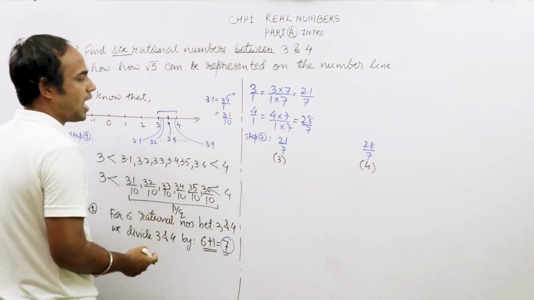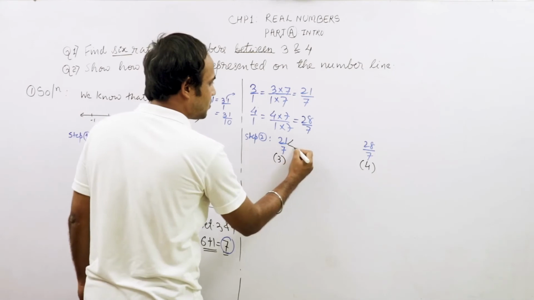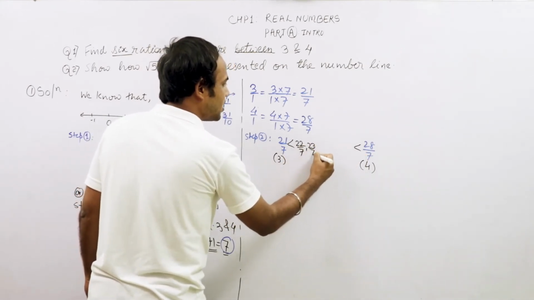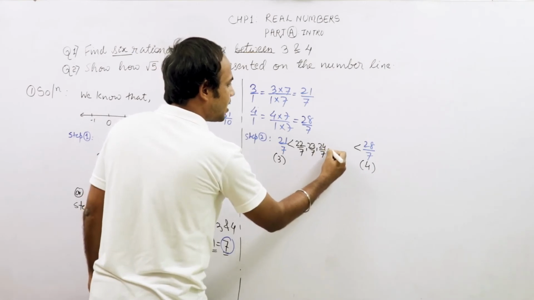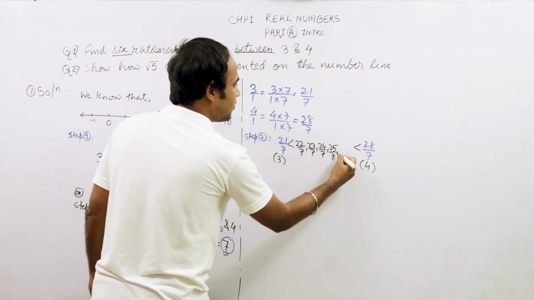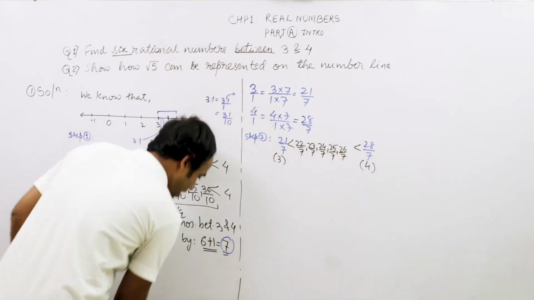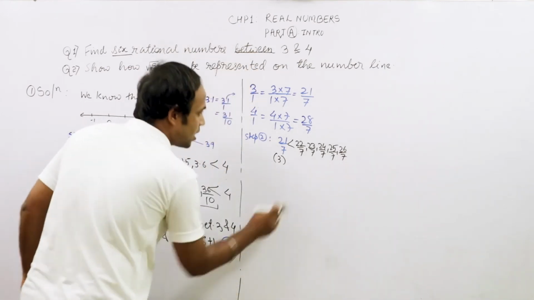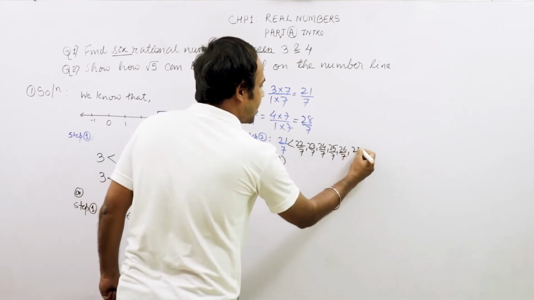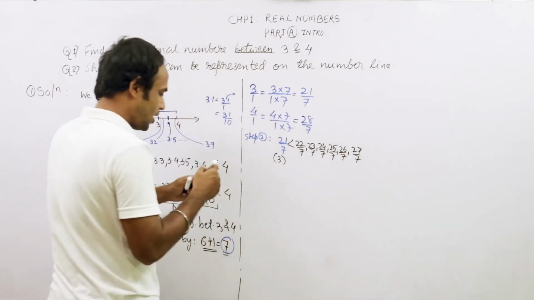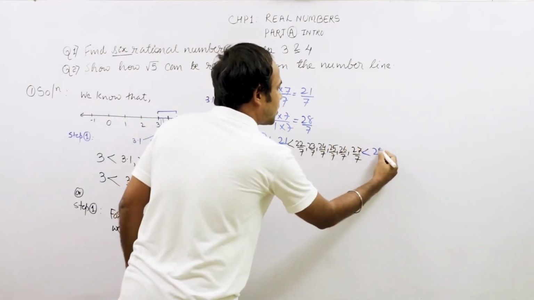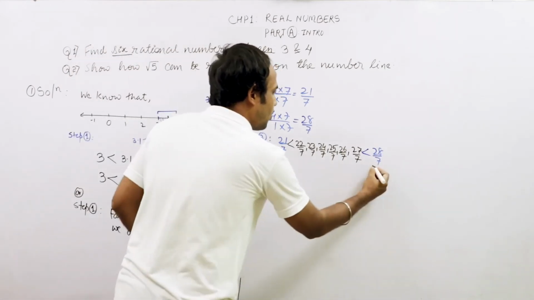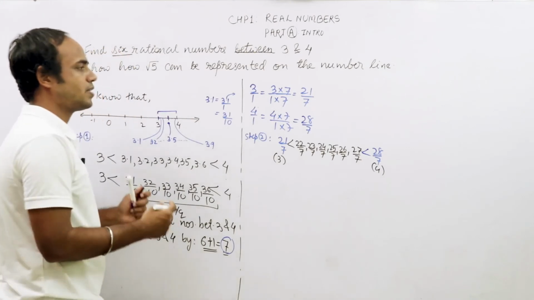And therefore, the answer comes out to be, in between these we find 22 by 7, 23 by 7, 24 by 7, 25 by 7, 26 by 7, and 27 by 7. So it is in between 21 by 7 and 28 by 7, that is 3 and 4.